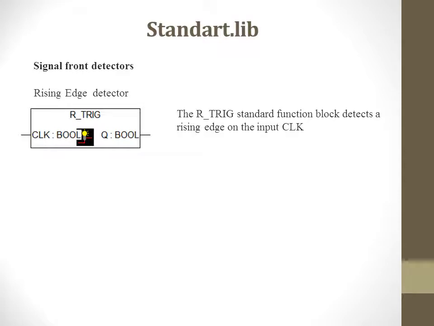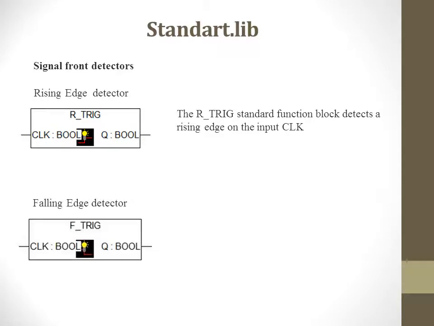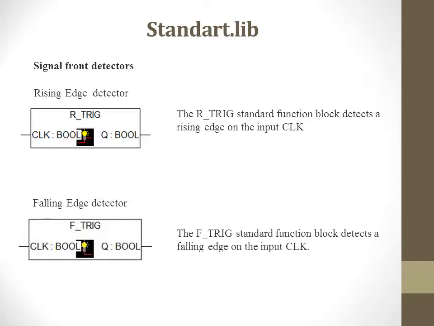This input has a Boolean type, and the output of this block is also Boolean type. Next, the falling edge detector is the converse of this rising edge detector. This standard function block detects a falling edge on the input.